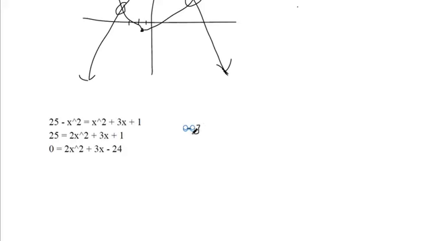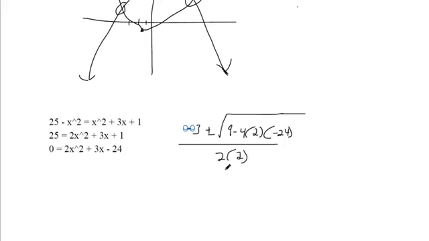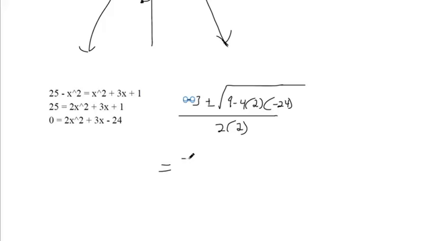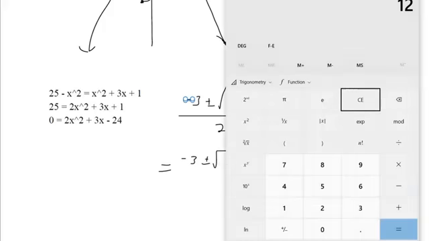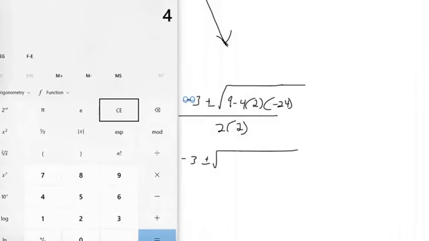So it's negative b plus or minus the square root of b squared minus 4 times a times c, all over 2a. And then 4 times 2 times 24, so that's going to be a negative 192.